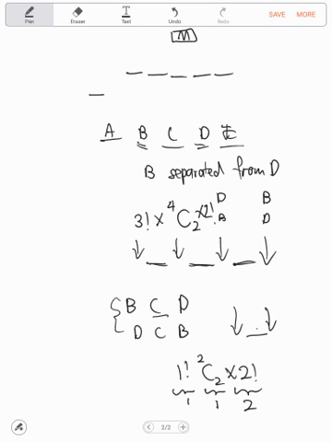I'm just laying it flat here. So I can choose to sit a couple in any of the 6 slots. I choose 2 slots because there are 2 couples. So Mary and her husband, and Jane and her husband, may choose these 2 slots, 6 choose 2.